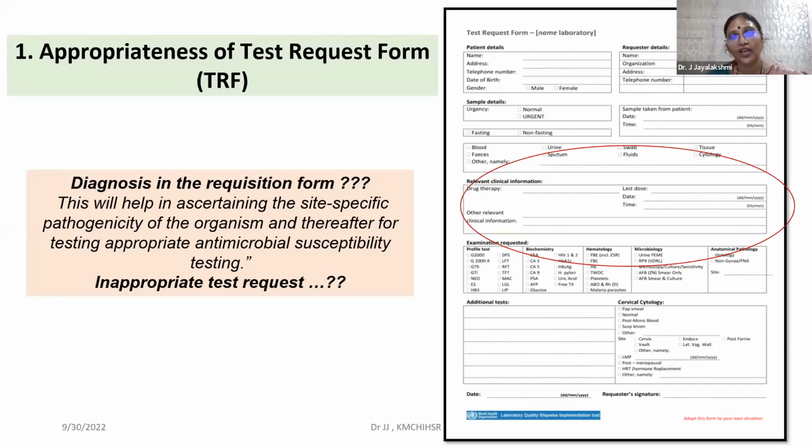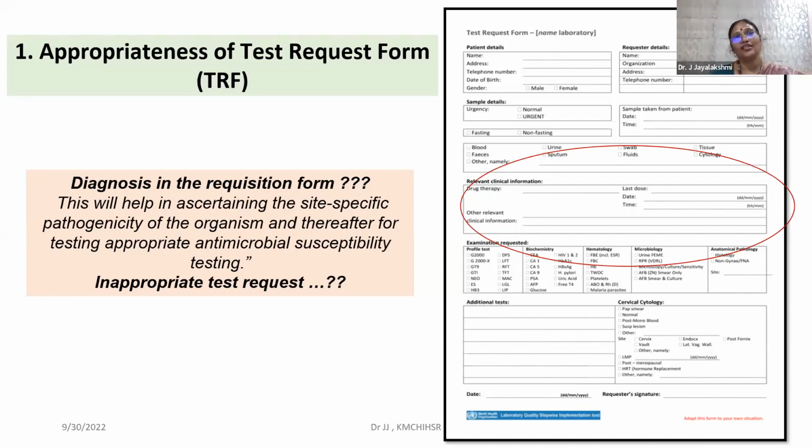Okay, so the clinician needs to fill up the test, but suppose he or she has made an inappropriate test request. What could this inappropriate test request mean? It could mean that instead of asking for a specific test for hepatitis, you've asked for another test.